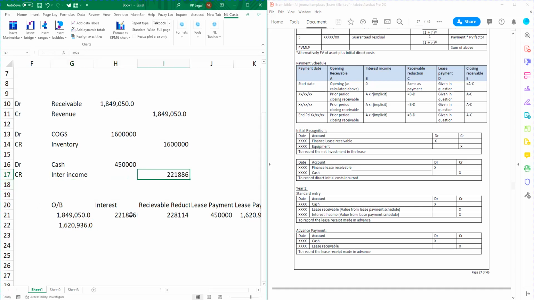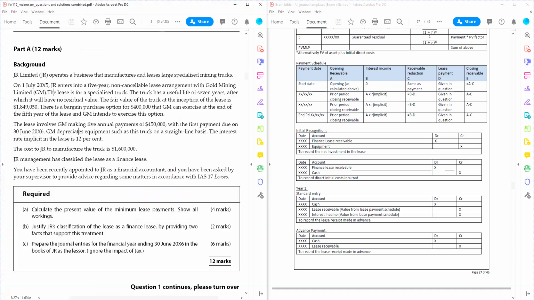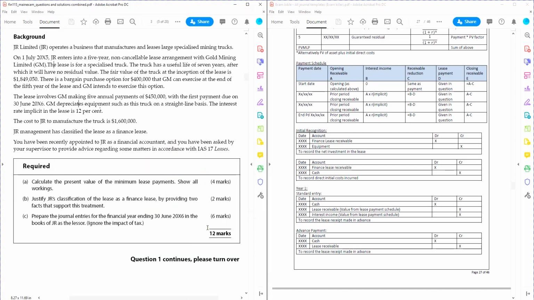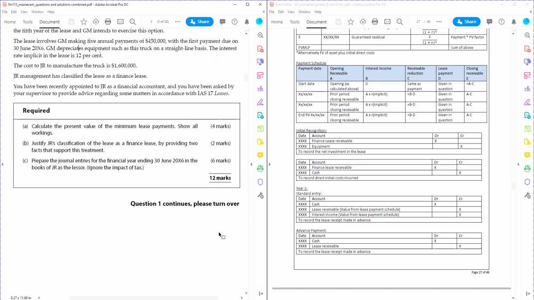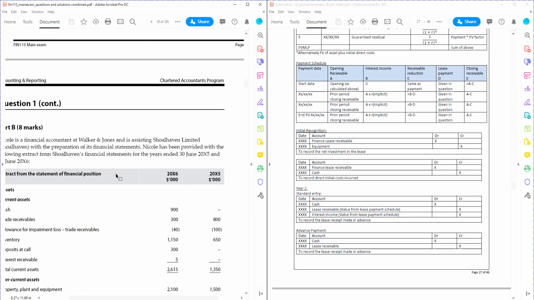They're going to have to recognize that income. And they're also going to have a reduction in their receivable amount of this amount there. So there's our journal. They all balance out. And that's basically how you answer this question here and get a full 6 marks, and then 12 marks in total for question 1 completed.